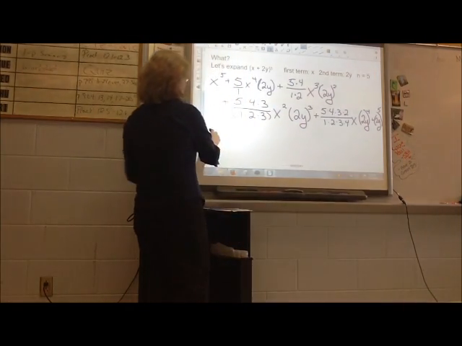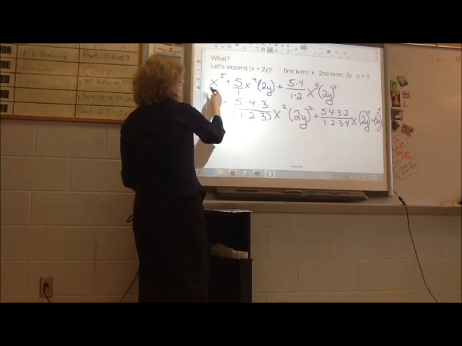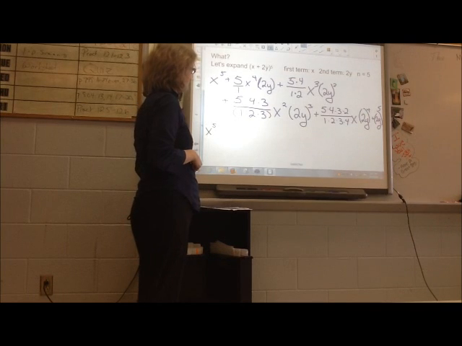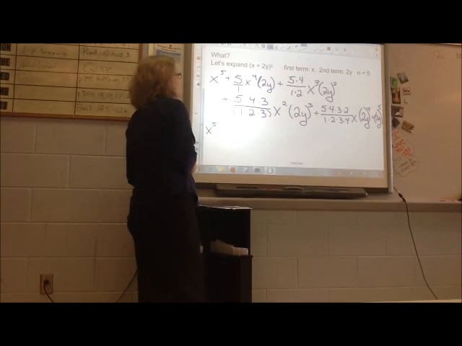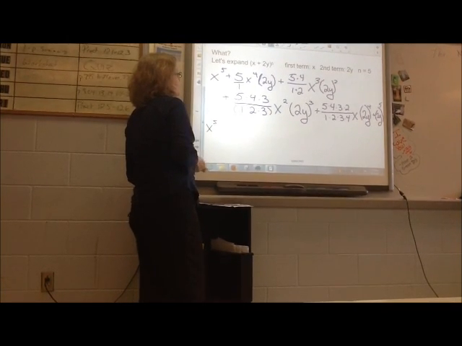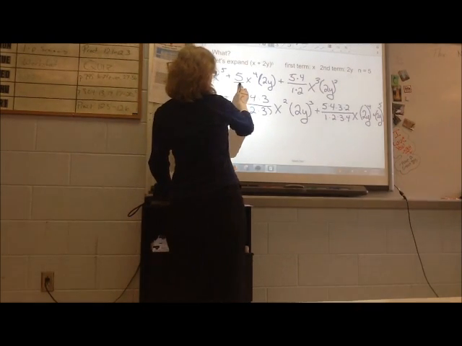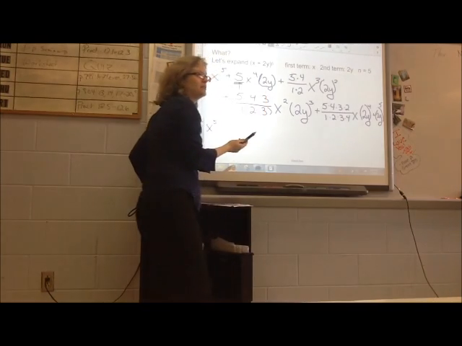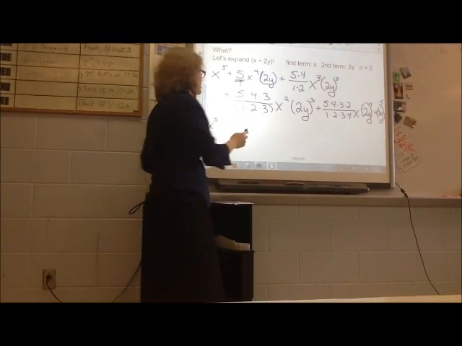All right, so my first term is just x to the 5th. That doesn't need any simplifying. For my second term, I've got a 5 here, and then a 2 here. Multiplication is commutative, so we can change the order.